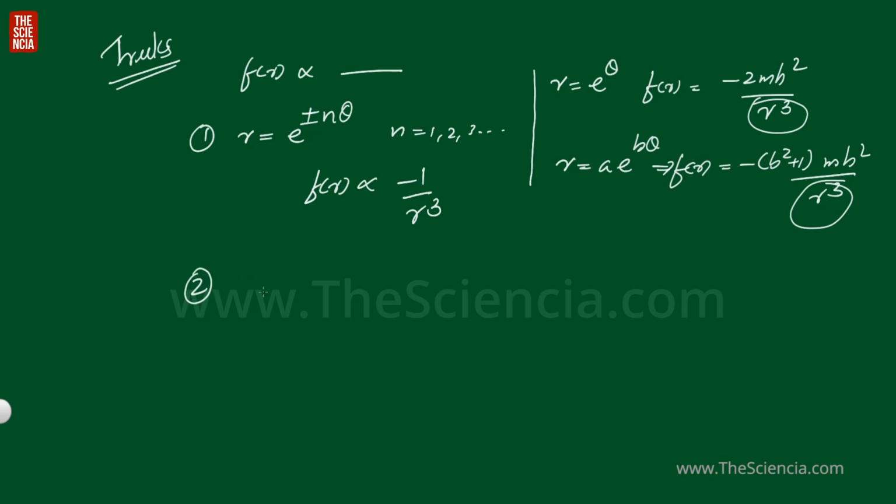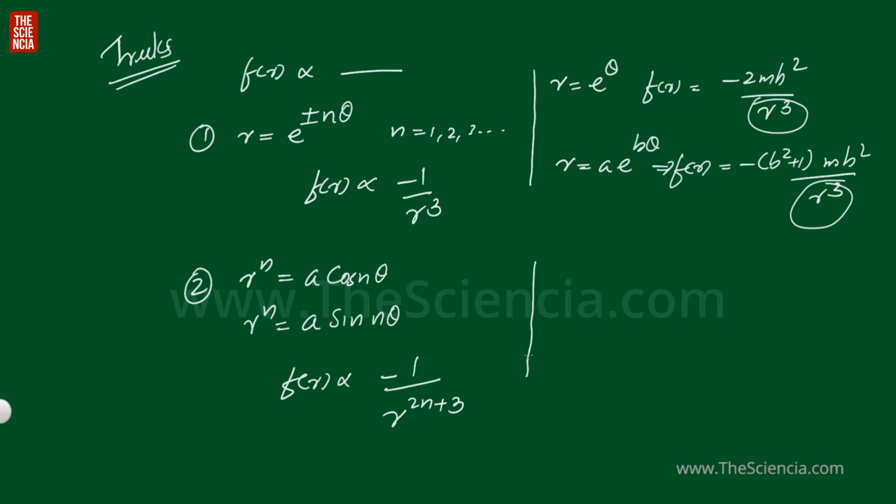Second trick: if the given trajectory is like this, that is r raised to n is equal to a cos n theta, or r raised to n is equal to a sin n theta, then f of r will be proportional to minus 1 by r raised to 2n plus 3. For example, in the previous example problem, r equal to a cos theta.